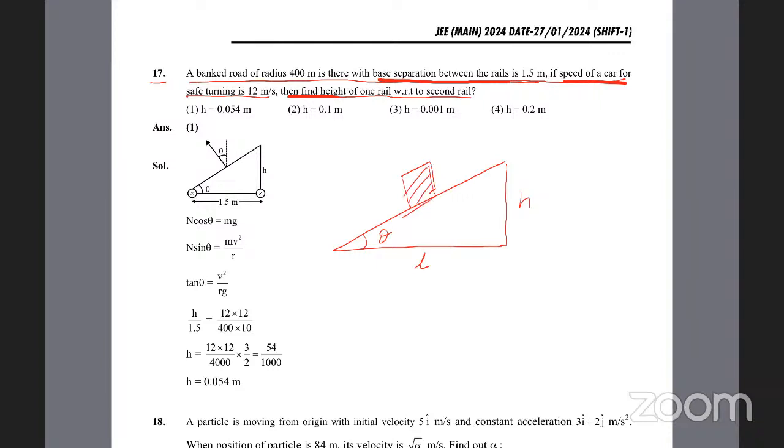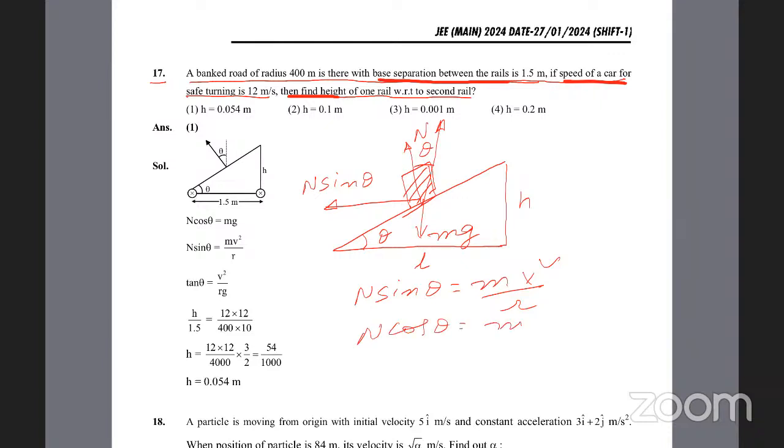So when a car or a train is taking a turn on a banked road, the normal component, that is the component of normal reaction, N sin theta, provides the centripetal force required for turning, that is mv squared by r, and N cos theta balances the weight.